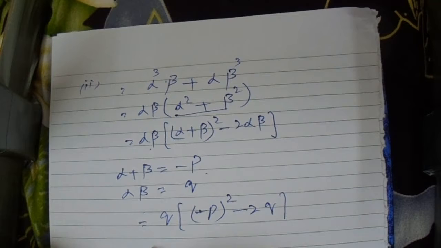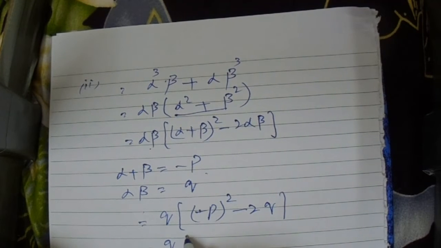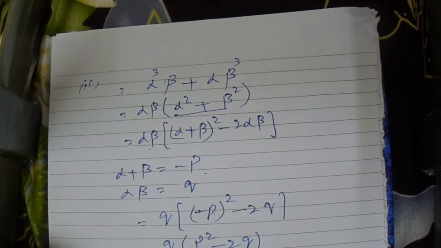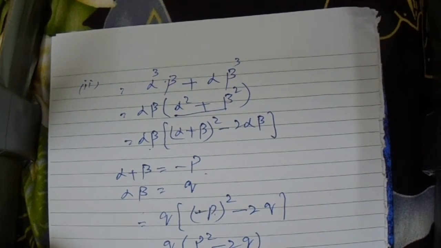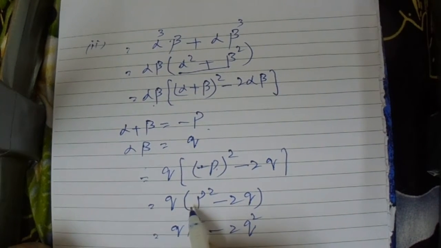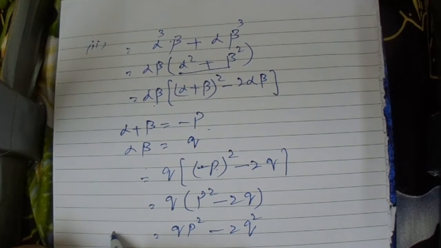Now we write q, and p square minus 2q, so we get q times p square minus 2q. Now this is the answer.